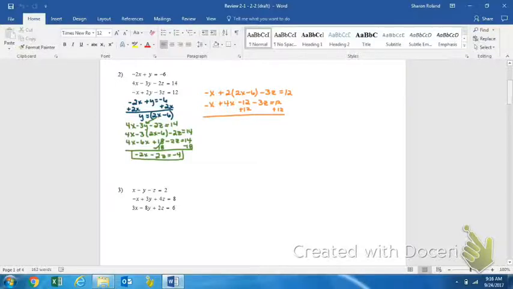Negative x plus 4x is 3x. The 12's go away. Minus 3z equals 24. Okay, there's the other equation that we're going to use.